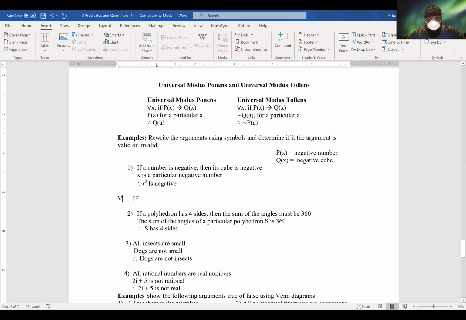So for all, and we'll say, I don't know, maybe Y this time, because X is the particular one, not the thing we're plugging in. Or maybe I could just change this to A. We'll make this A, and that'll fix our problem.